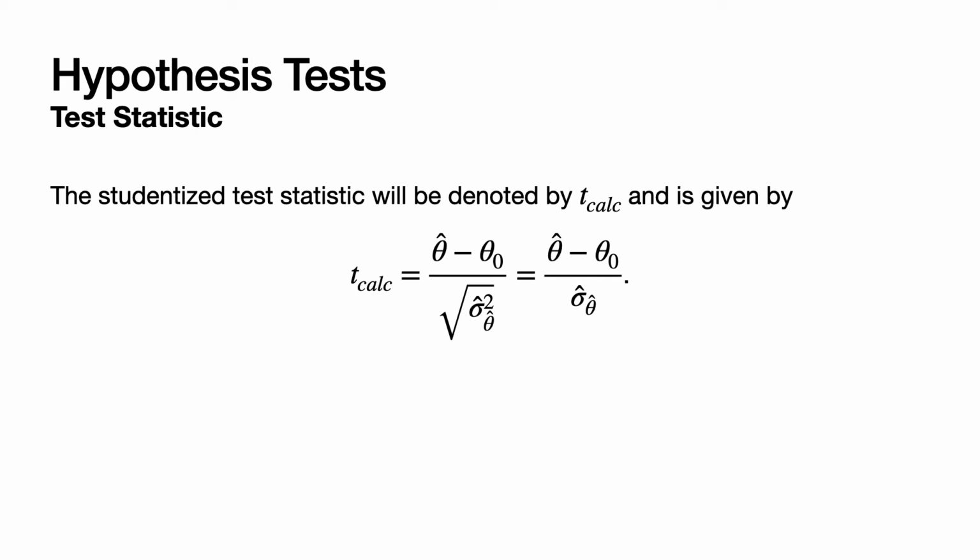The difference, theta hat minus the hypothesized value of theta, which is theta 0, divided by the estimated standard deviation of the sampling distribution of the difference, which is represented in two ways: the square root of sigma hat squared sub theta hat, and also by sigma hat sub theta hat.